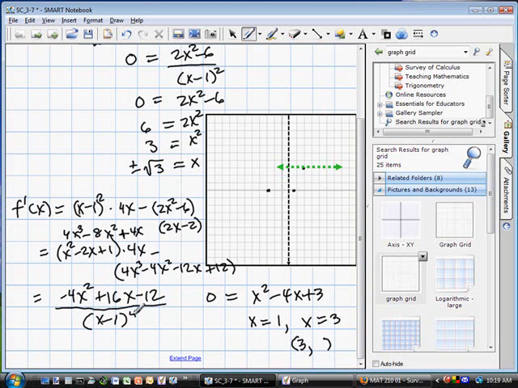It's not real pretty. So I don't know. What else would you like me to do to get ready for sketching? Did you want me to do the second derivative? Horizontal tangent? Yeah, we just found one. Oh, okay, that's a good question.